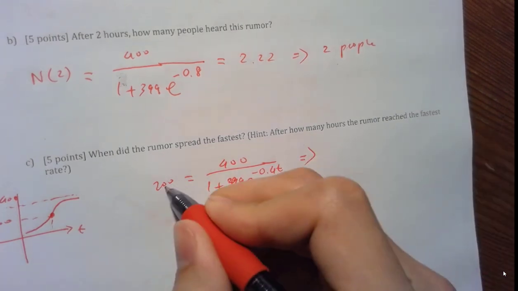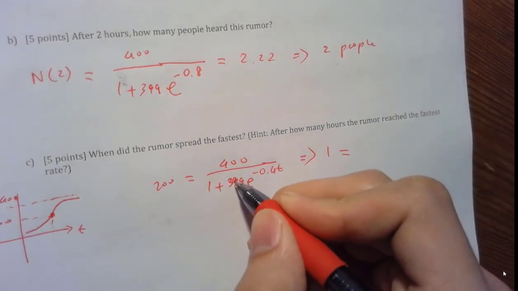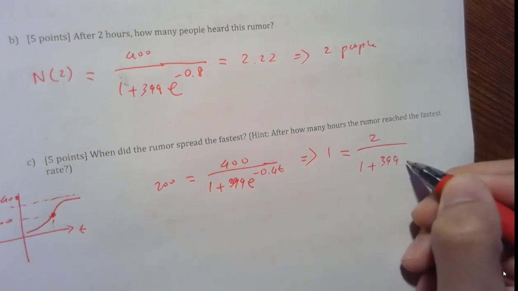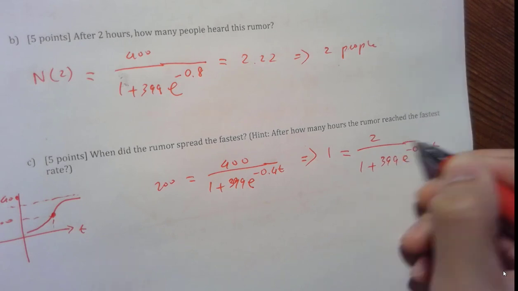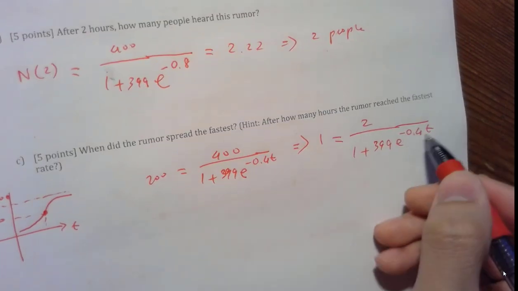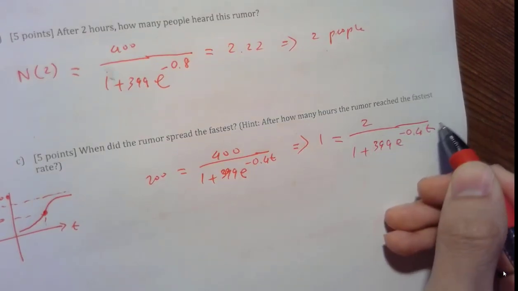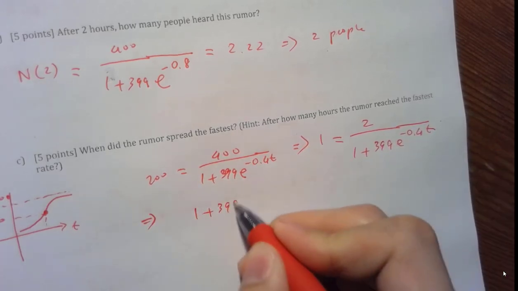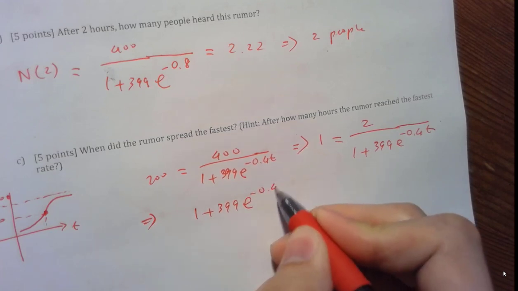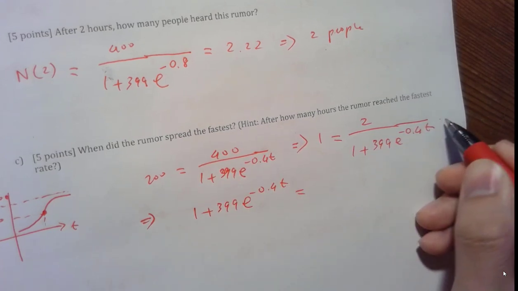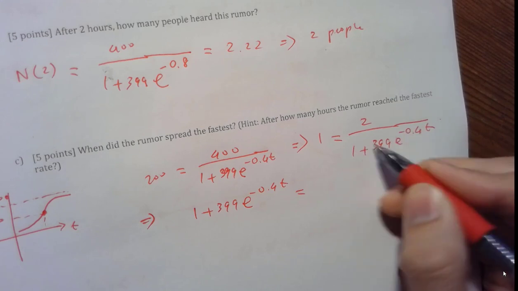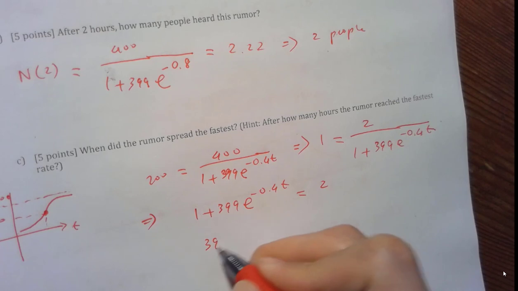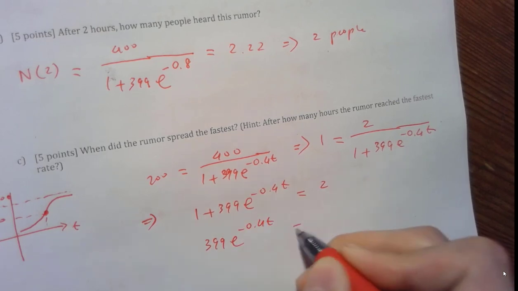So 200 divided by 200 is 1. 400 divided by 200 on the right hand side gives me 2 on the top. Right, 399 e to the minus 0.4t, just to simplify the function. And now we multiply this whole expression on both sides. Therefore on the left side we have 1 plus 399 e to the minus 0.4t. If I multiply that on the right hand side, that will take away this expression. I have 2 only. And subtracting 1 on both sides, I should have 1 here.